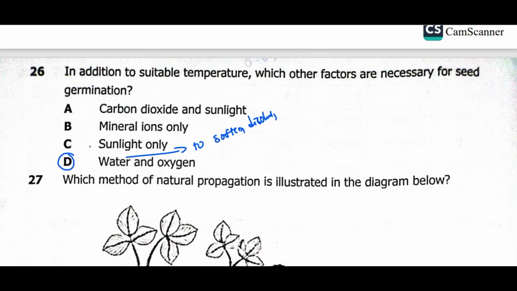Apart from dissolving certain solutes, also to reduce the temperature of a seed so that the enzymes can operate effectively. Then also for metabolic processes. Oxygen is needed for respiration, because the embryo in a seed has to respire for it to germinate.